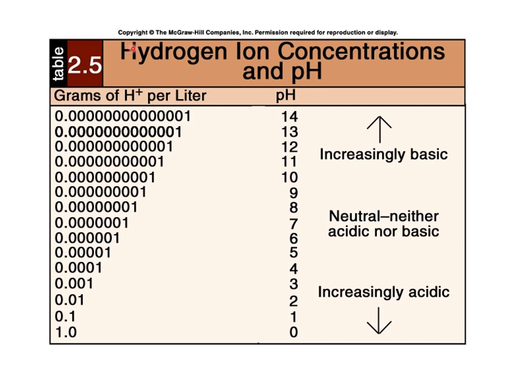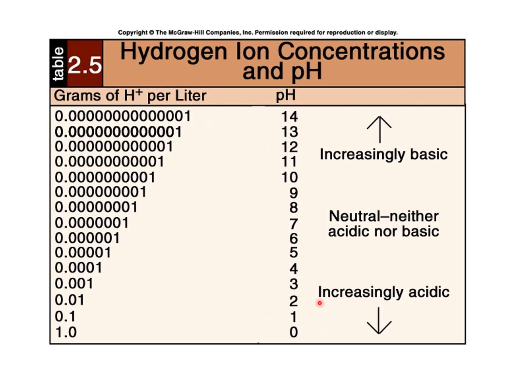The relationship between hydrogen ions and pH is inverse, meaning that the higher the hydrogen ion concentration, the lower the pH. The lower the hydrogen ion concentration, the higher the pH.